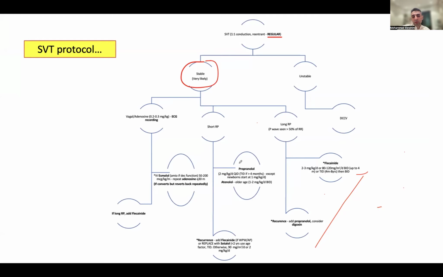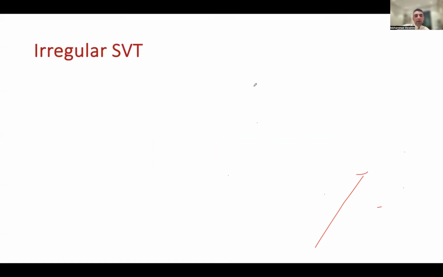If it's short RP, you just give propranolol or beta blockers, and usually you're good. If it's long RP, I usually try to start flecainide quicker, maybe even as first line. So this is a little bit of distinction. And unstable, like we said, we cardiovert. So we talked about regular SVTs now.